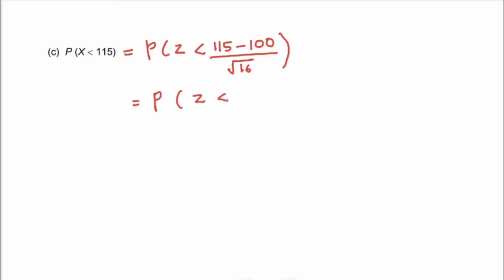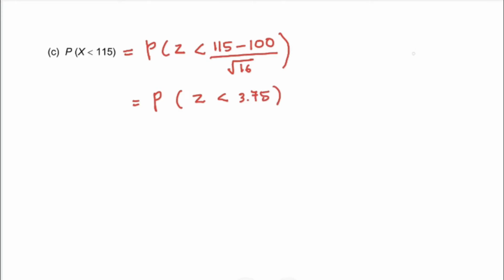Now let's do example 1c. We have P(x less than 115). First, we need to standardize by taking 115 minus 100 divided by the standard deviation, which is 4. When we calculate, we will get P(z less than 3.75).